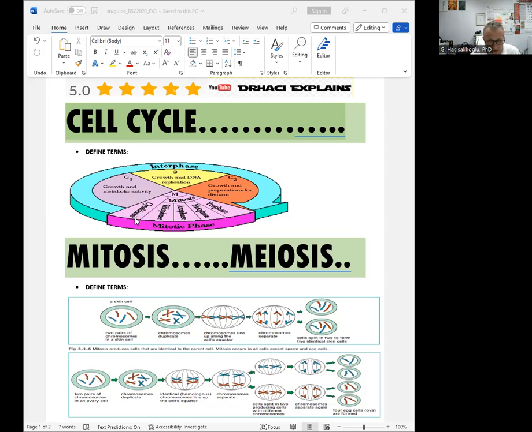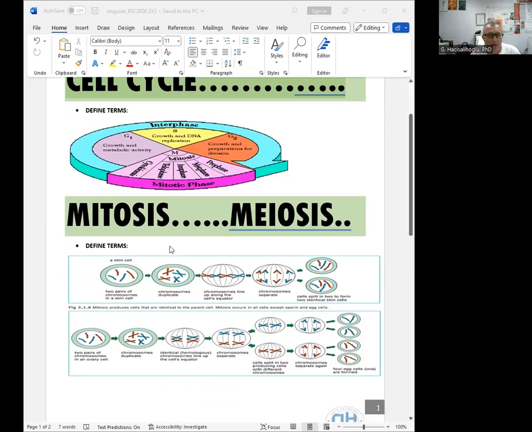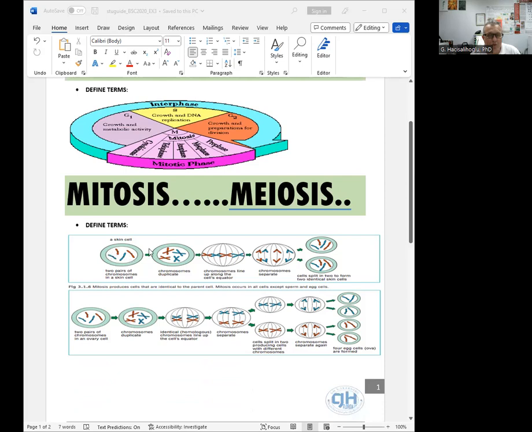So you need to be familiar with these different parts of mitosis, different stages. As you see here, in the second picture, mitosis is at the top, meiosis at the bottom. As you can see, mitosis has only 5 steps, and meiosis has 10 steps.